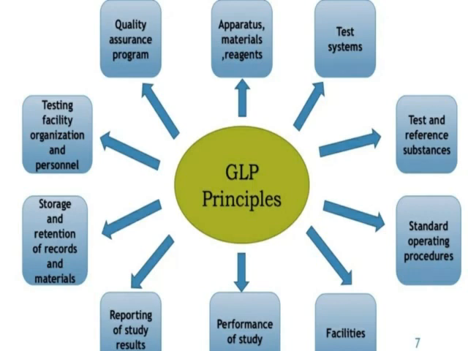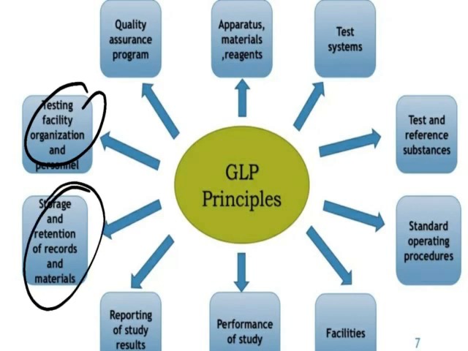You should have a testing facility. You should have the required manpower for the testing. You need storage of the records and the materials. You should follow the quality assurance program. You have to maintain the proper apparatus, material, reagents. Then you have to prepare the test system.